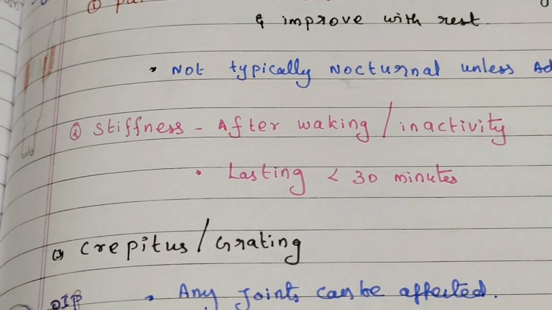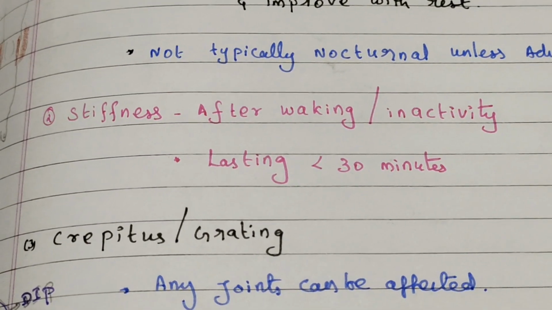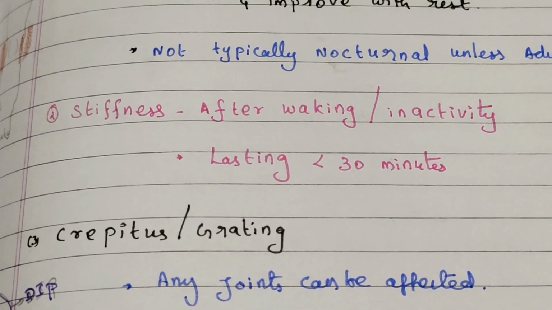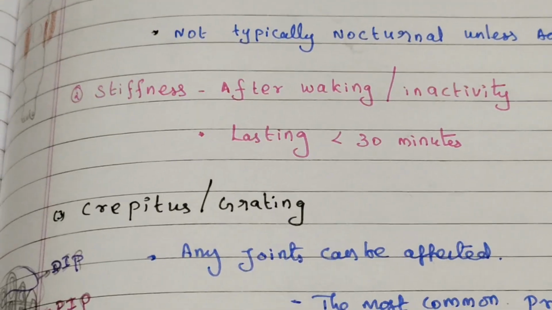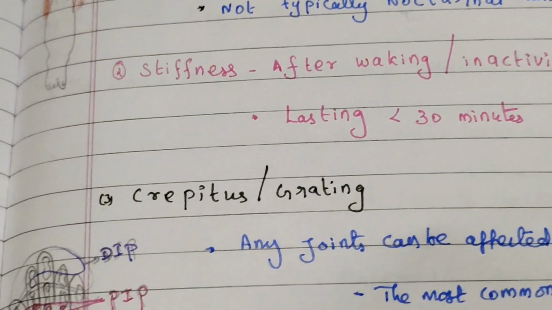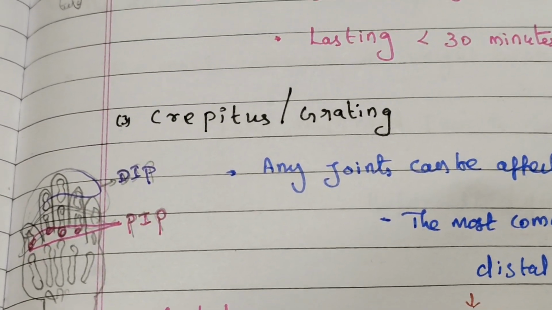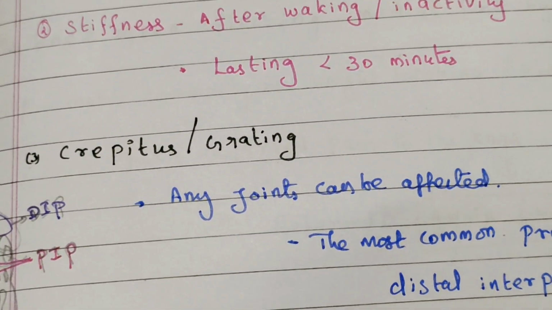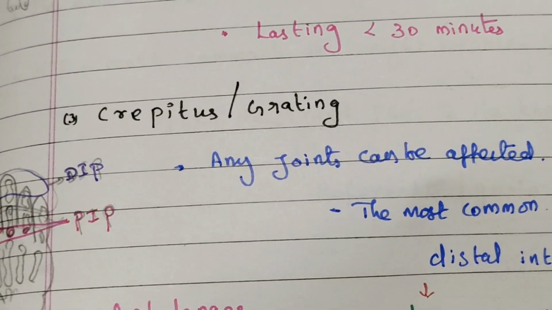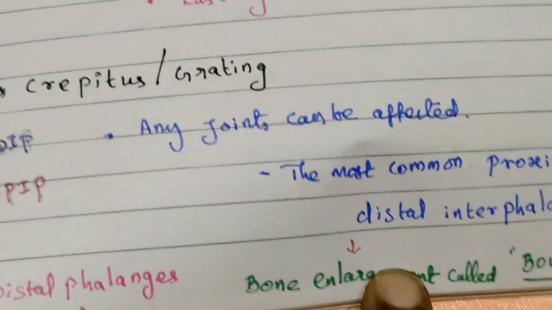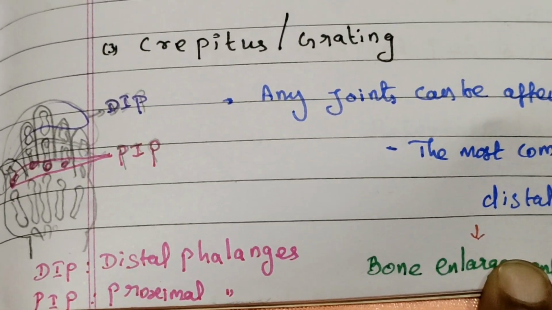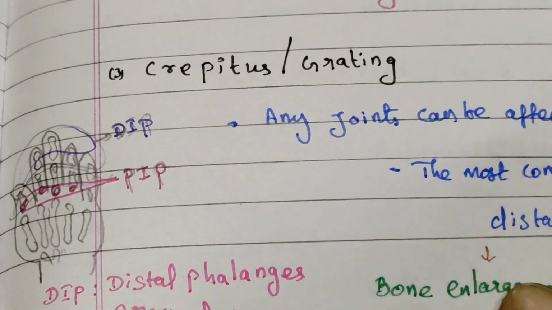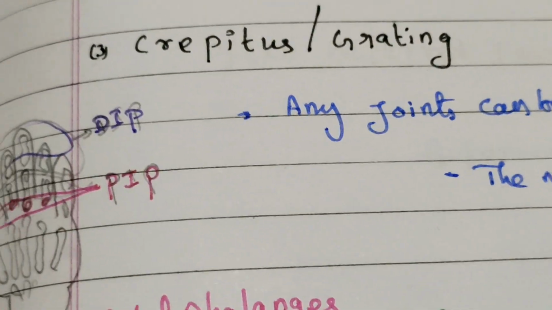Then crepitus, or a grating sensation, can develop. Any joint can be affected. The most common are the distal and proximal interphalangeal joints.